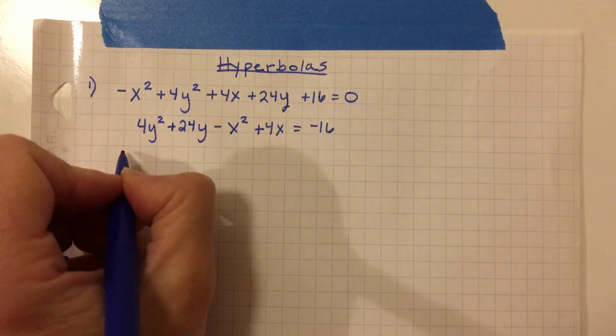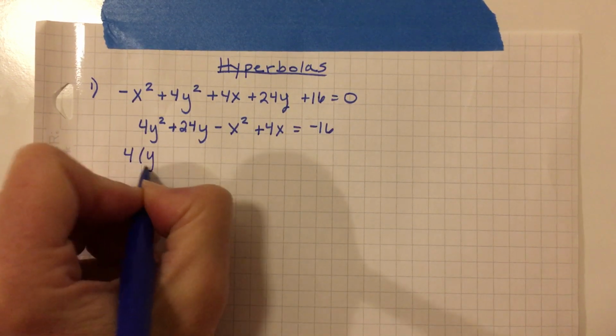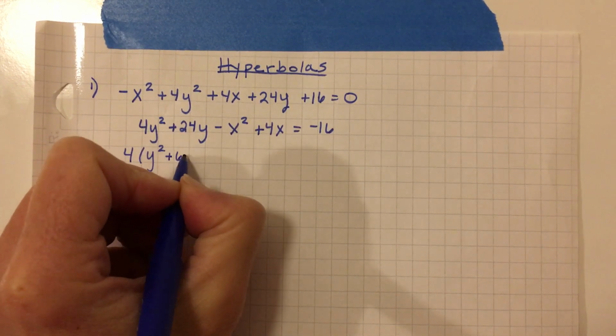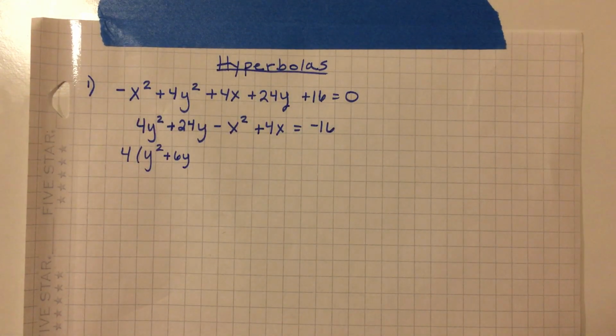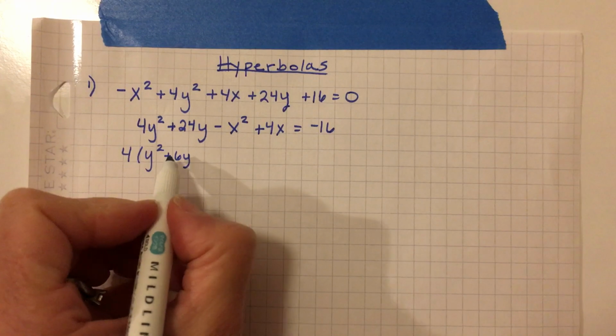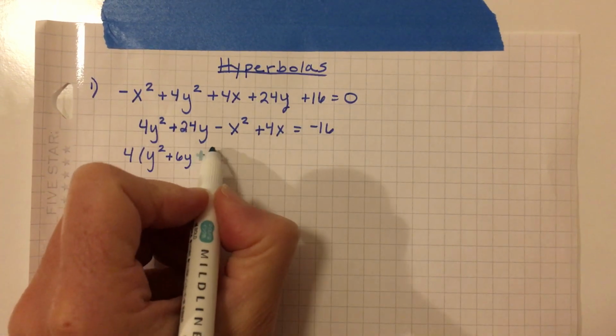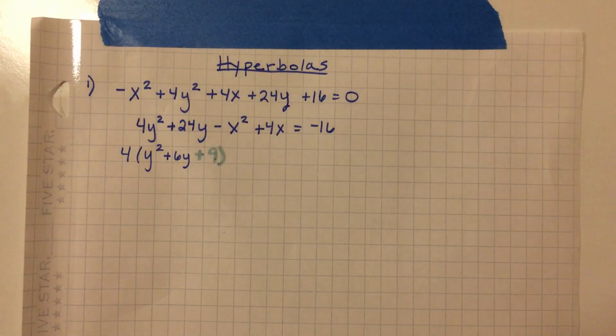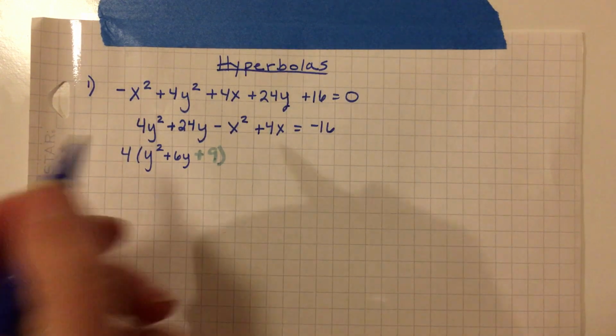And remember, you always have to take out the number in front. So you have to take out the 4, leaving you with y squared plus 6y. And then this is where you complete the square. So half of 6 is 3. 3 squared is 9. And then here you have to be a little bit careful.